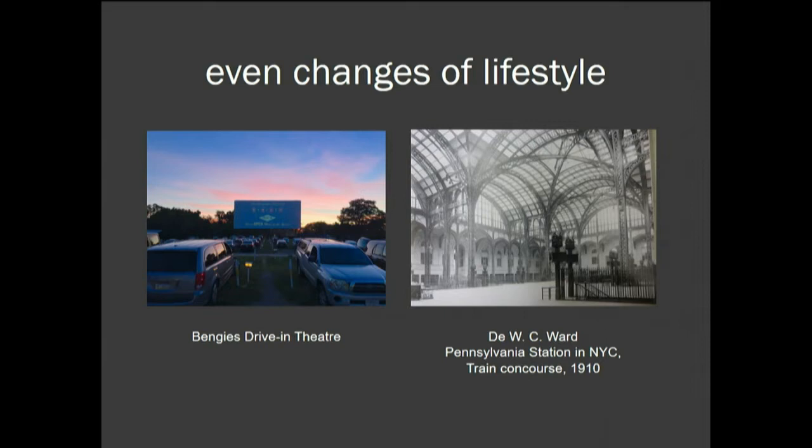On the right side is my beloved building, Penn Station in New York City. I did my dissertation on McKim, Mead and White, who designed this building, completed in 1910. But in 1963, that building was demolished. And this is a photo showing how the interior looked.